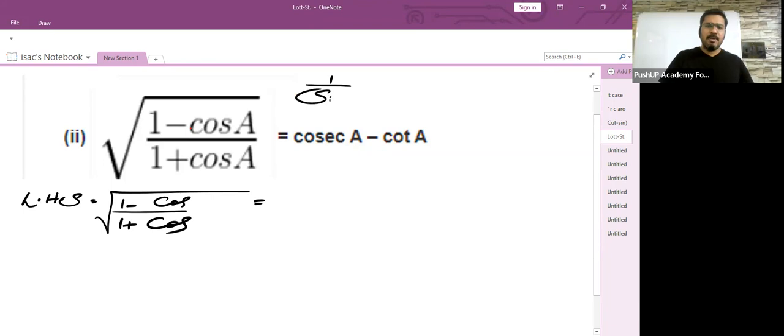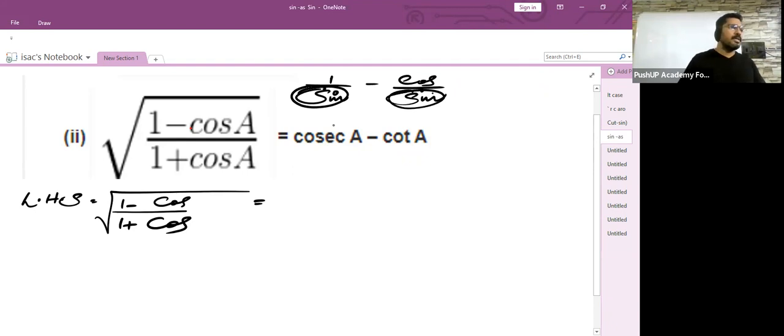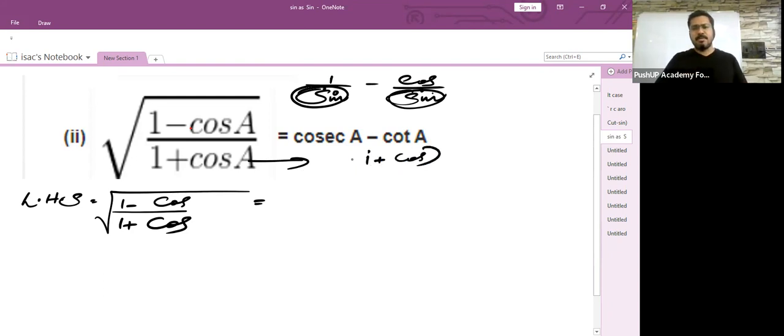It is 1 upon sine. What is cot? It is cos upon sine. So what is in the denominator? It is sine, isn't it? As of now, on the left hand side, you are having 1 plus cos. If you want to convert that into sine function, you just need to multiply this 1 plus cos with 1 minus cos.